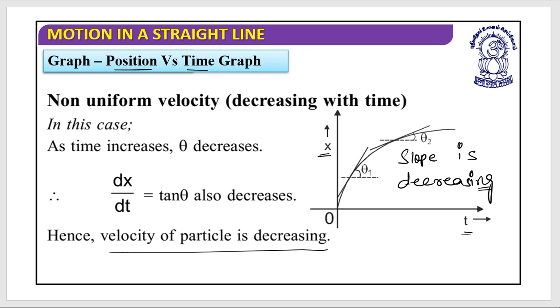Here, as we have done in previous slides, you need to make a tangent. This is the tangent, this is theta 1, this is theta 2, and so on. So you can directly check whether the slope is increasing or decreasing. Here in this case it is decreasing.